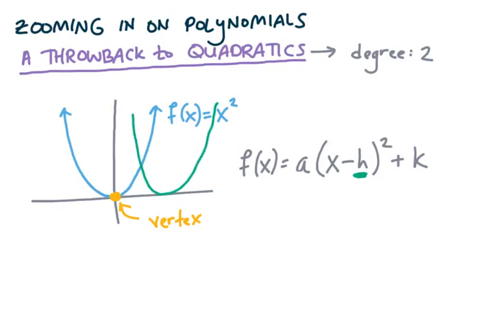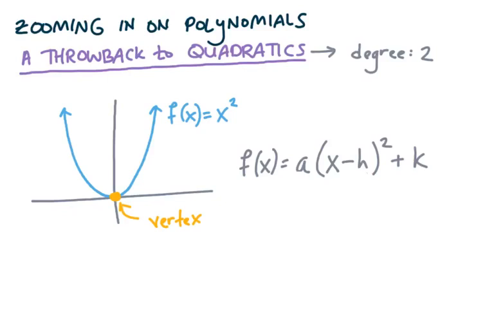So h is tied to the left-right motion of the function. And that means for k, you guys are all right with k being the vertical shifter, right? So this is going to throw your graph up by k units or perhaps down by k units. So k controls the vertical shifting. A positive k sends the graph up, a negative k sends the graph down.